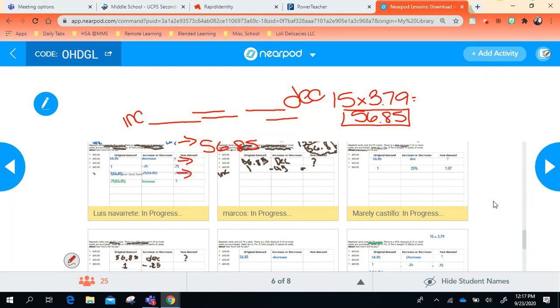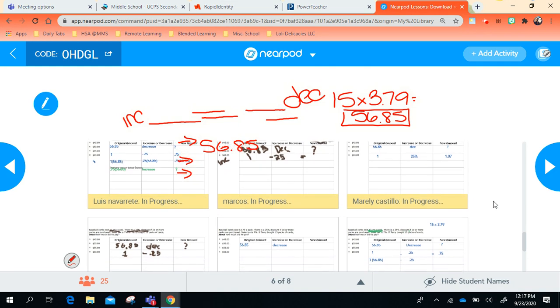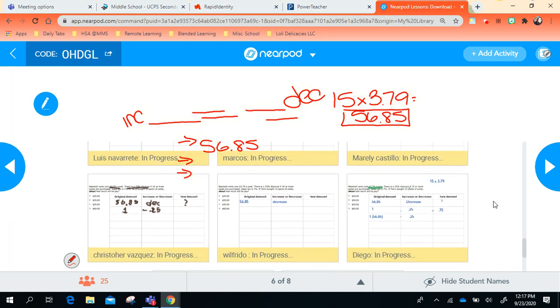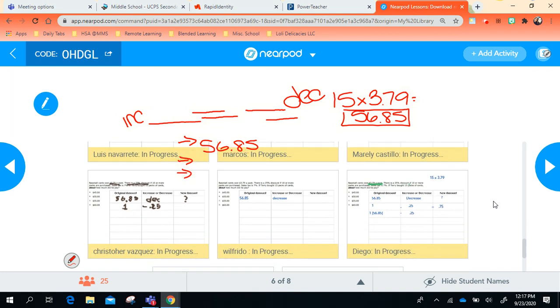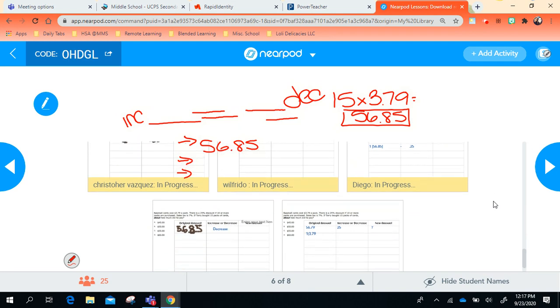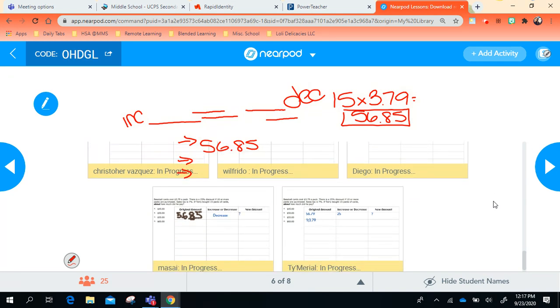Marcos, check that number in the middle. To me, it looks like a 45. Wilfredo, keep going. It looks really good so far. Chris, you too. Masai, keep going. Looks good. Timerial, check that second row. Remember, you're coming back up to your original.